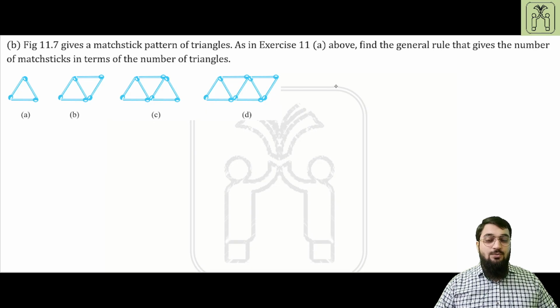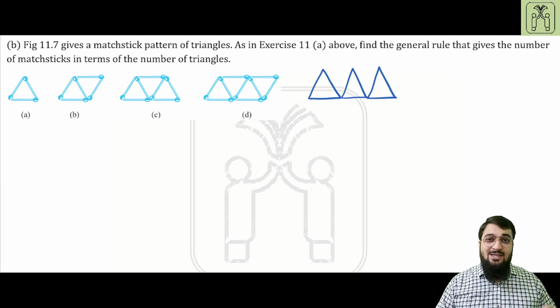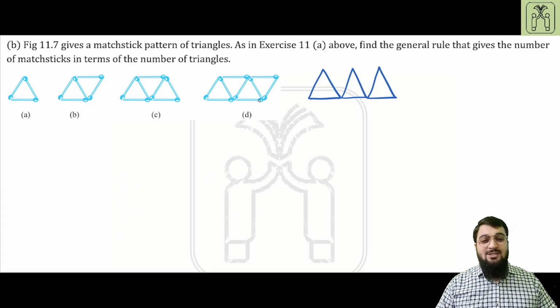As I told you, in the second video, the example to understand algebra, we had triangles made by joining the corresponding vertices which are adjacent to each other.